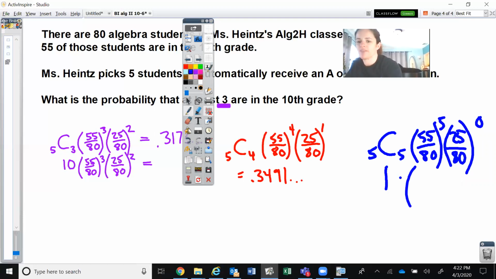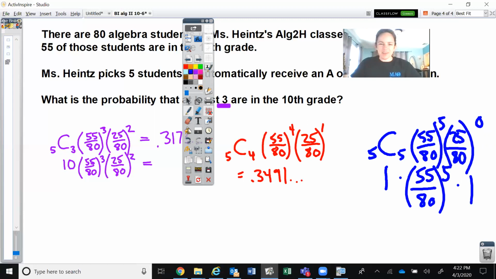And then I've got the 55/80ths to the 5th power. And then 25/80ths to the 0 power is also 1. Really, we didn't need to set up that formula. If all 5 of them needed to be in the 10th grade, then that would just be 55/80ths to the 5th power, which would be 0.1536, approximately, right?